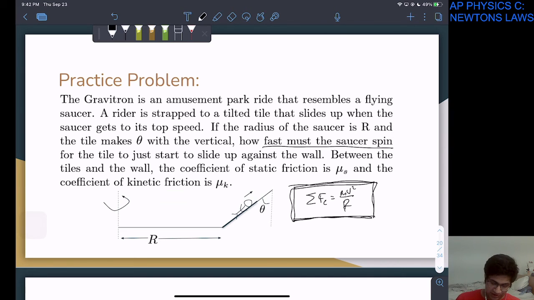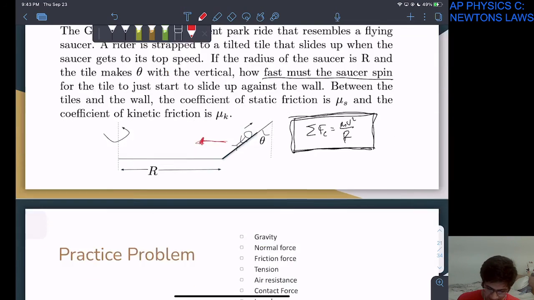I know the direction is going to be towards the center of rotation, but I don't have any forces labeled or a free body diagram, so I can't do it just yet. What I would like to do is come up with an expression for the sum of forces in this direction, and then it's just plugging it into this formula. We should be good.